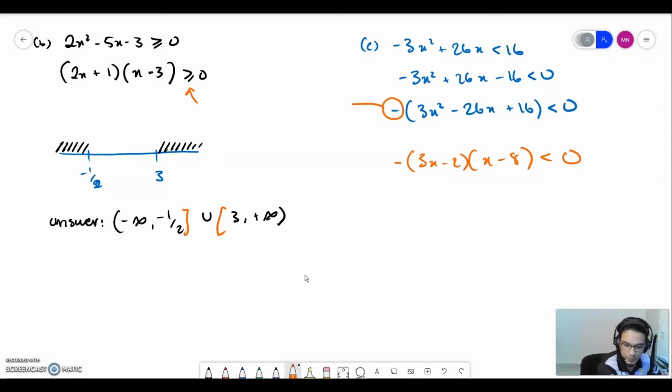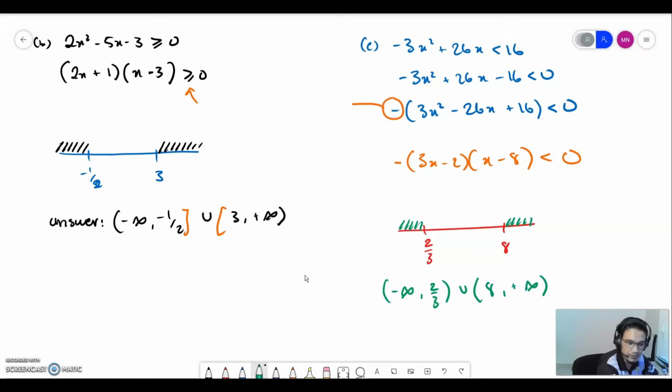Okay, so from that we know that this is a negative quadratic equation, and the symbol is also less than. So we have 2 over 3 and we have 8 right here. So the shaded region will be at the outside of the graph. So your answer is negative infinity until 2 over 3 union 8 until positive infinity.